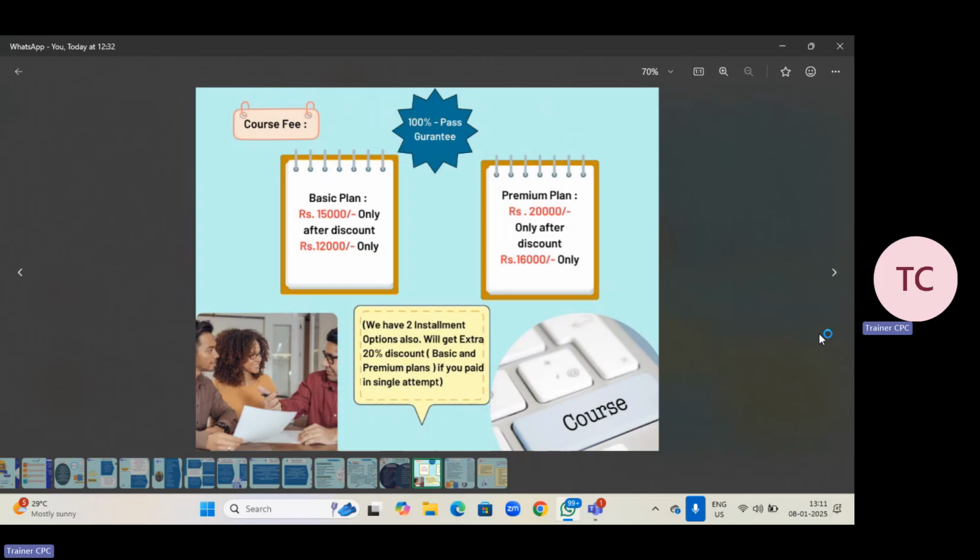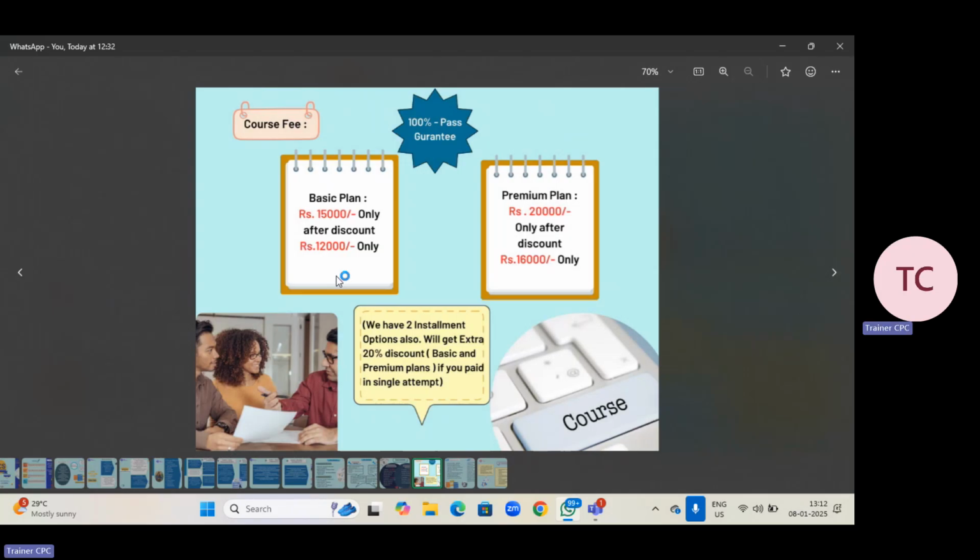And we are offering installment options also. You can pay in two installments. For the basic plan of 12,000, you can pay 6,000 as the first installment and the next 6,000 after that. But if you are ready to pay in a single installment instead of two, then from the discounted fee again we are giving 20% discount.